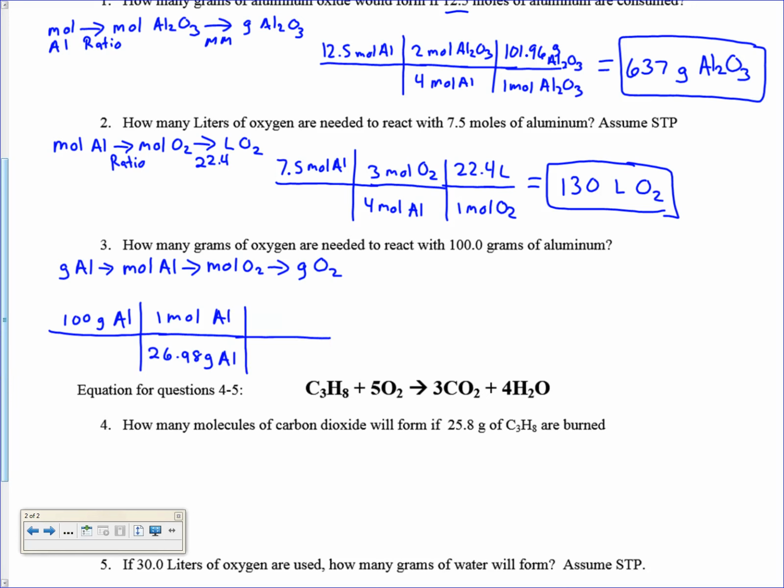Looking at the balanced chemical equation, you see that there are 4 moles of Al for every 3 moles of O2. All right. Now going with the molar mass of oxygen, every 1 mole of O2 has a mass of 32.00 grams.